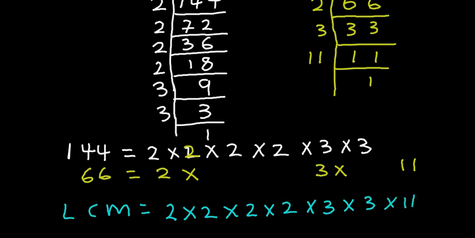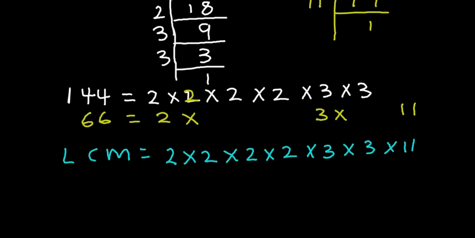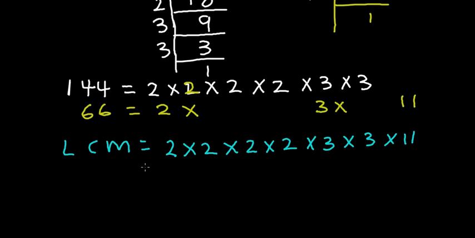So we multiply all the numbers together to get the LCM. It is best to use a calculator. Okay, 2 times 2, 4, times 2, 8, 8 times 2, that's 16.